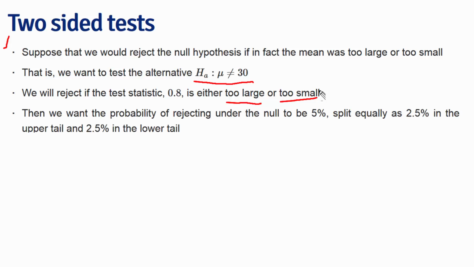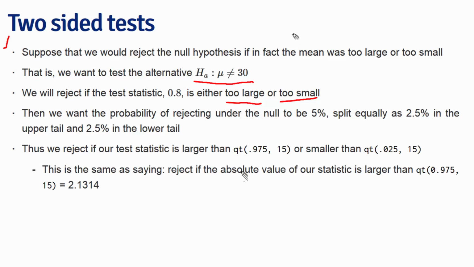What does change, however, is in order to get that 5% in a way that allows our test statistic to be too large or too small, we need to split the probability as 2.5% in either tail of the distribution, be it the t-distribution for small sample sizes or the z-distribution for large sample sizes. So now instead of qt at 0.95, we're going to do qt at 0.975, again with 15 degrees of freedom.